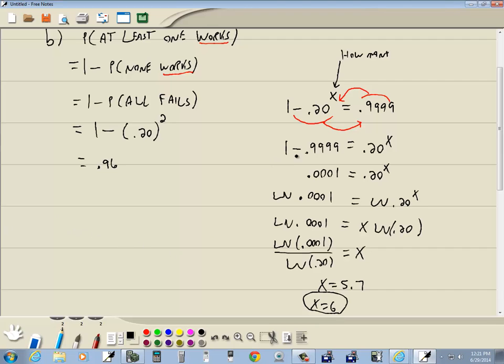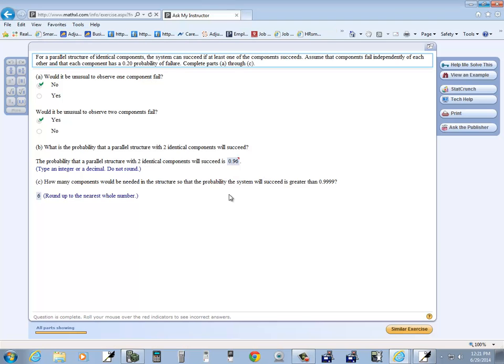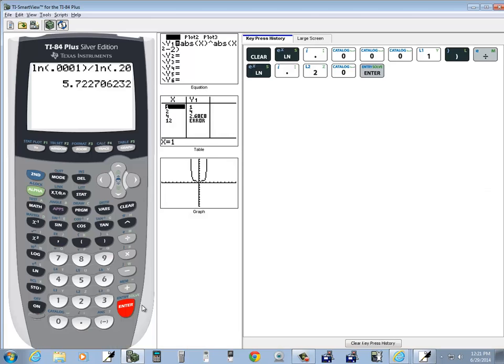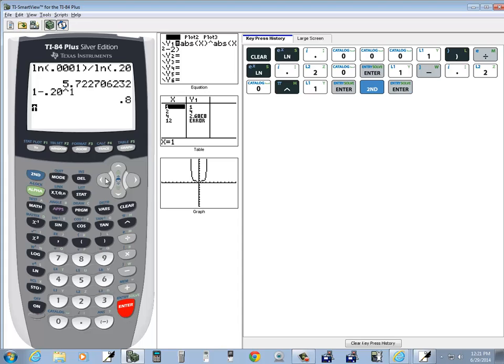Okay, the easy way. We know that this setup right here, 1 minus 0.20 to the x. You can go to your calculator. You type in 1 minus 0.20 caret to the first power. That's 1. And that tells you that probability. If I do second enter, I can put 2 in here.